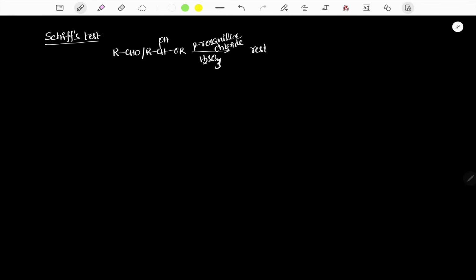The reagent para rosanilin chloride restores its pink color.